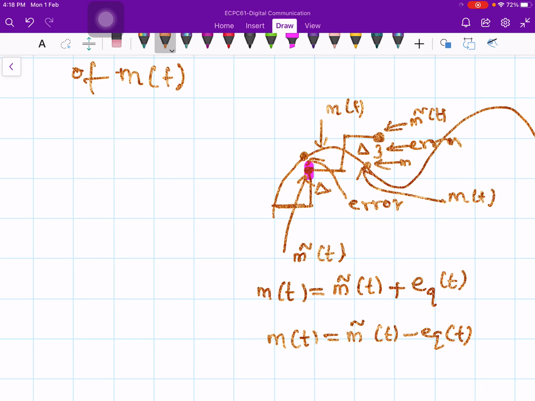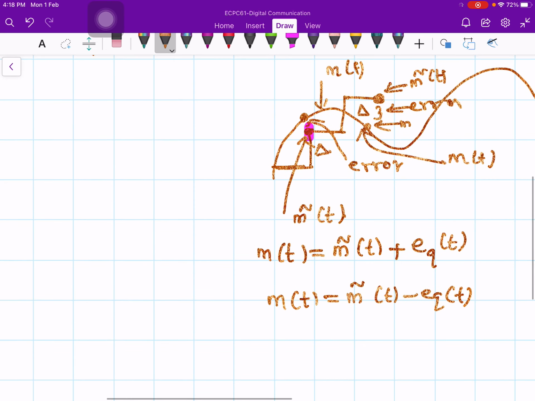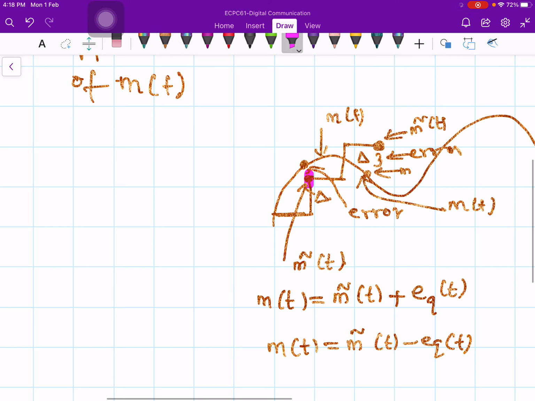So here this m of t is m tilde of t minus e suffix q of t in this case. So either you will get positive or negative depending upon your signal condition.